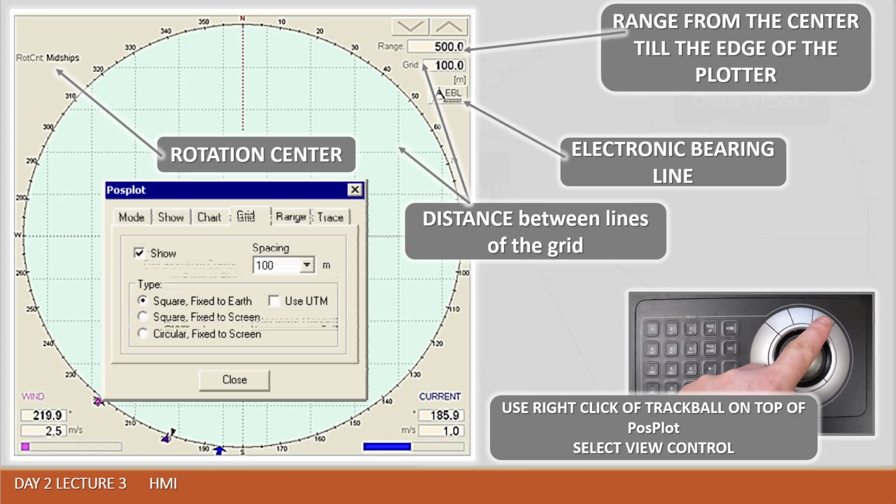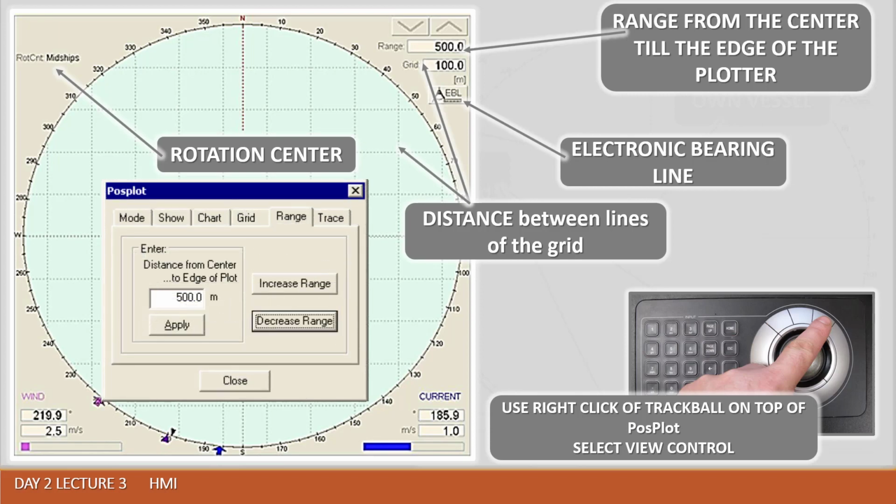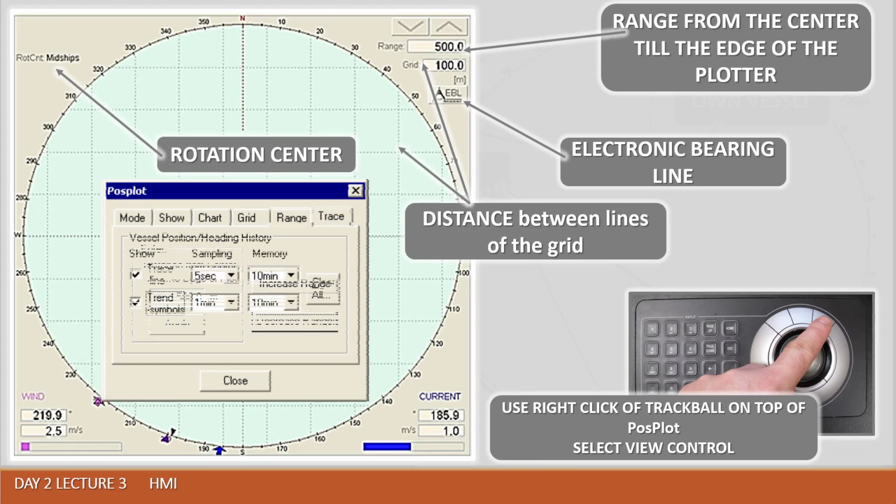At the range menu, we can adjust the maximum value which our plotter displays from the center to the edge. In our case, we have a 500 meters distance from the center to the edge of the plotter. At the trace menu, we can activate the trace line and trend symbols. Trace line is information about past positions of the vessel.